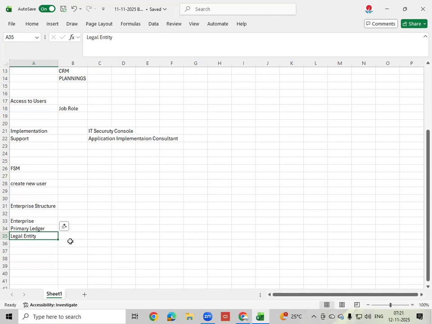And tax structure also will decide. So tax is calculated at legal entity level. So why? Because a legal entity will have a PAN number. Based on PAN number only, we'll calculate the tax, right? So suppose if I have SEZ locations, non-SEZ locations, in SEZ the tax structure will be different.